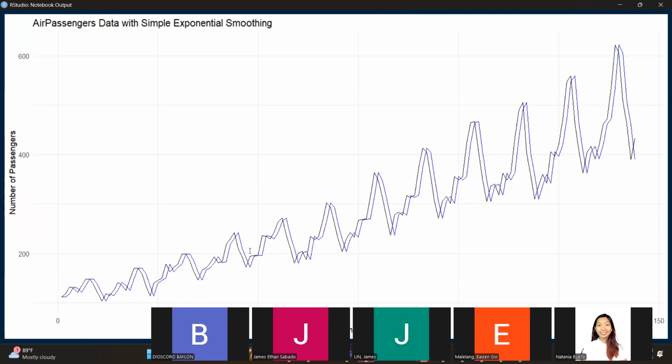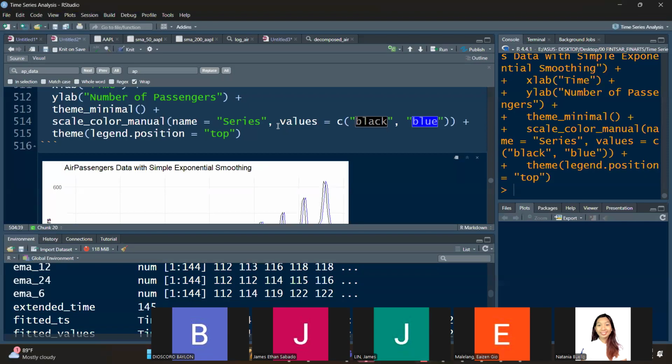It's just mimicking your observation, your data. You can see now, class, that your blue one is about 12 steps behind your black one because your h is equal to 12 here.